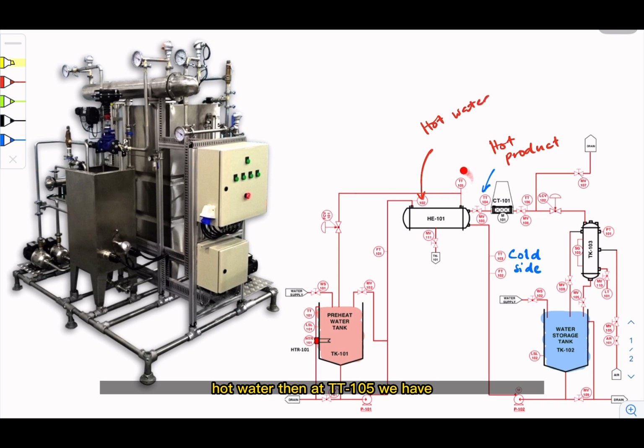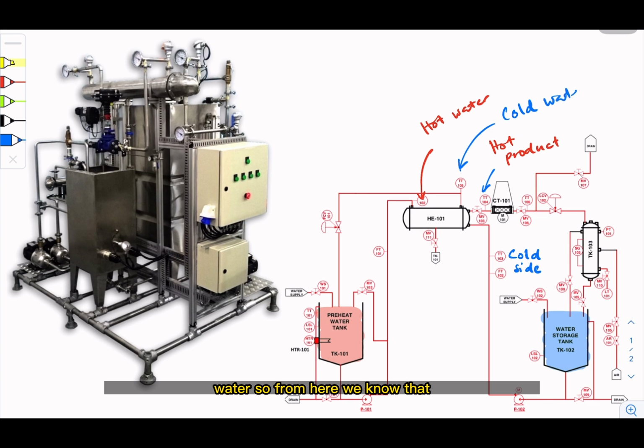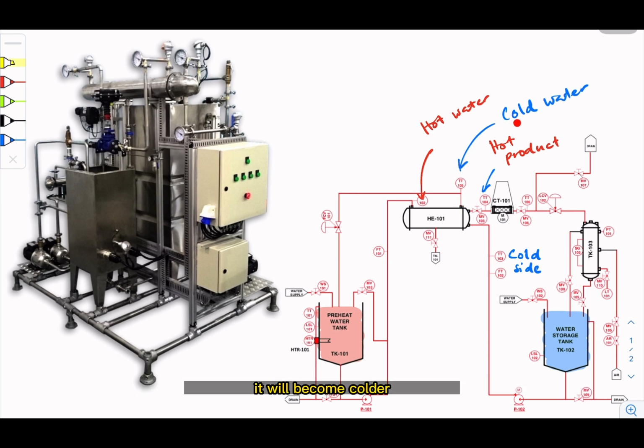Then at TT105 we have cold water. So from here we know that the water which is initially hot, passing through this pipeline observed by TT102, is basically hot water, and when it comes out from the shell side, it will become cooler water.